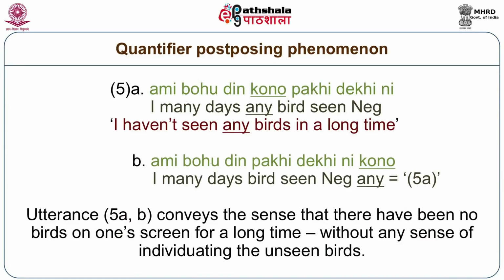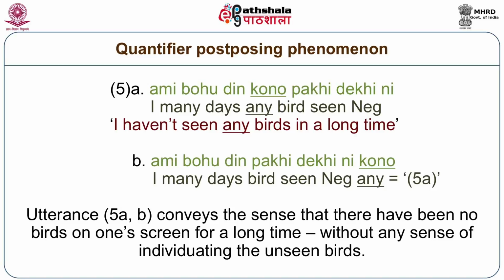In 5, you find that if you start with the sentence, I haven't seen any birds in a long time, with birds carrying zero case marking, in Bangla it comes out as Ami, I, bohudin, a long time, kono pakhi, any bird, dekhini, haven't seen, where kono pakhi, any bird, does not carry any case marking.